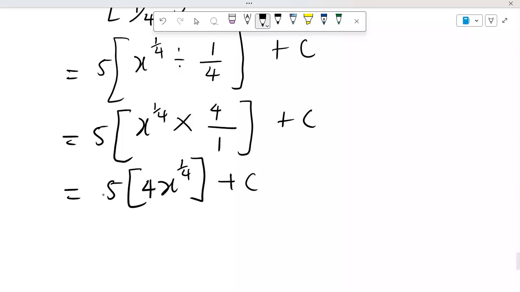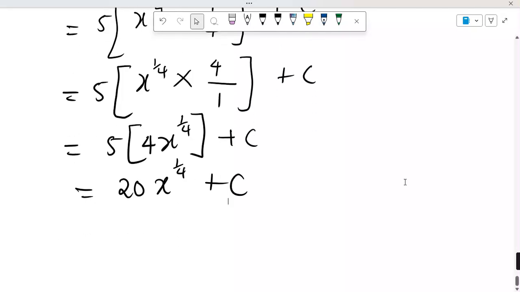Okay. So now 4 multiplied by 5 is what? 20. x to the power 1 over 4 plus c. So this is your answer.